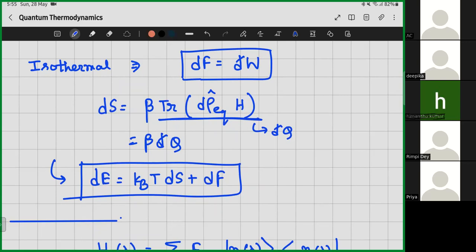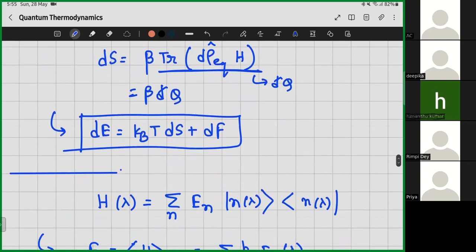Am I thinking correctly? Yes, because if we put that in, then the kB and the beta and kB will cancel each other. Then it will be the same analog, with d cross Q there. I think this entropy is not the same dimension as the classical one, because in the classical case it will be just 1 by T d cross Q.